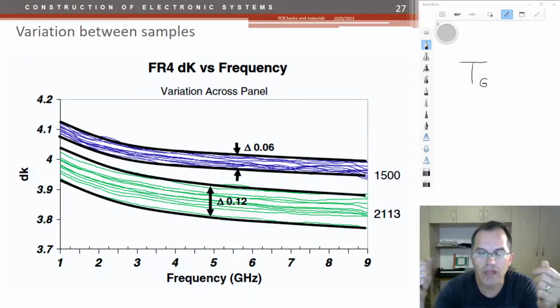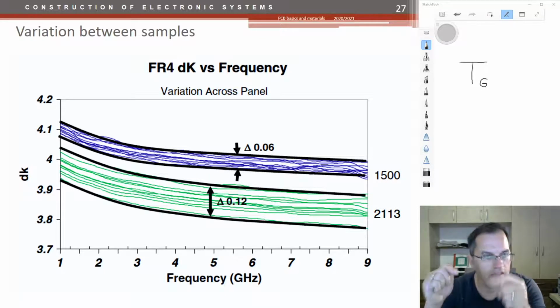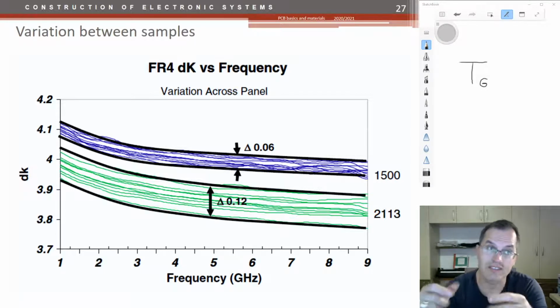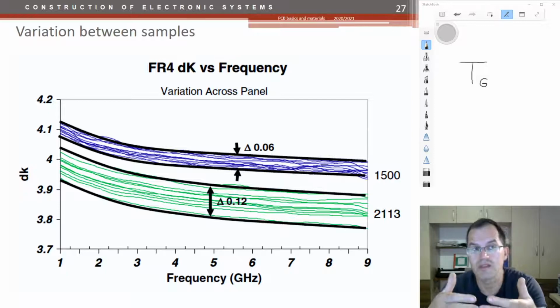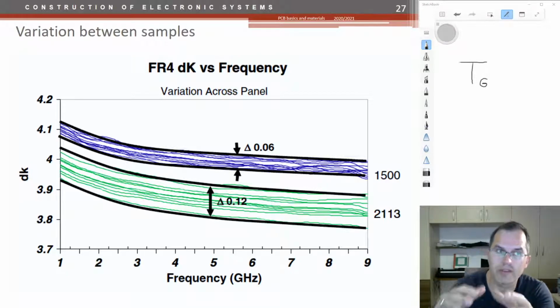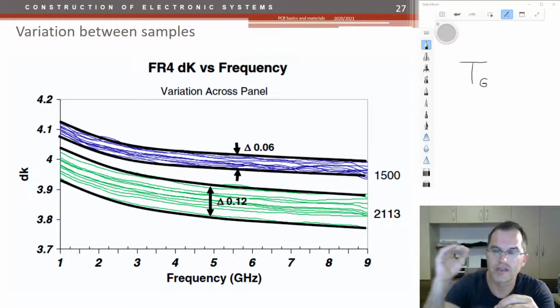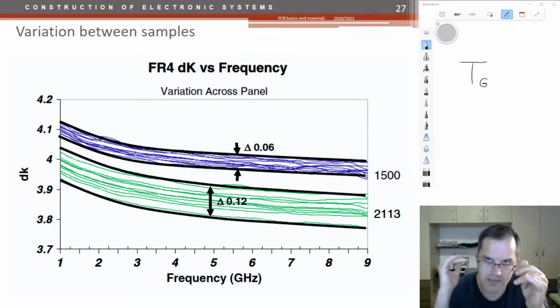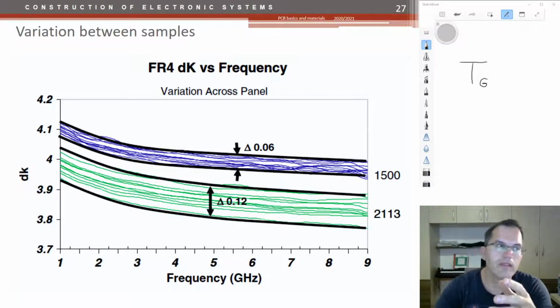And why am I telling you all that? Because if you want to control your dielectric constant, which in some cases you have to, because you want to keep the properties of the electrical connections really strict, then you have to care about all of that.